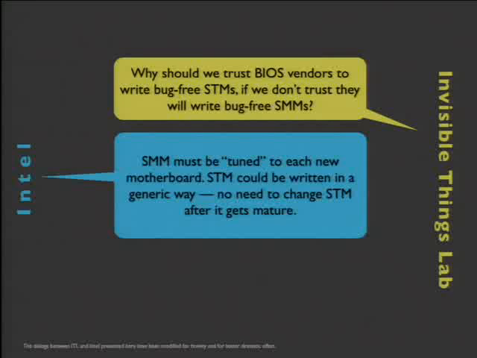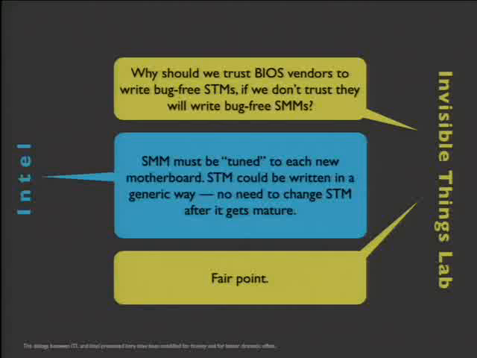So the idea is to somehow split the BIOS into SMM and STM, STM being this generic protection, a somewhat thin, very mature, well-audited part of code that will protect against SMM, which will be changing all the time and will not be that secure.